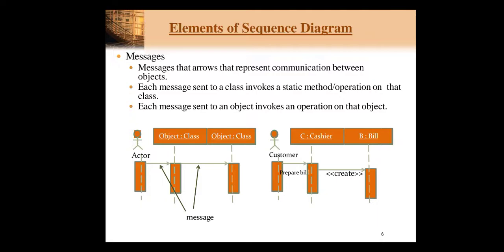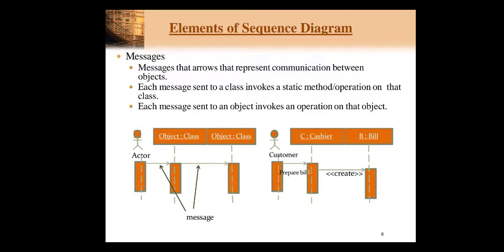The next element of a sequence diagram is nothing but messages. Whatever messages are sent and received between the 2 objects for communication purposes are shown with the help of arrows, which represent the communication between the objects.